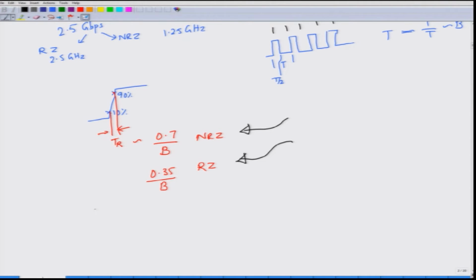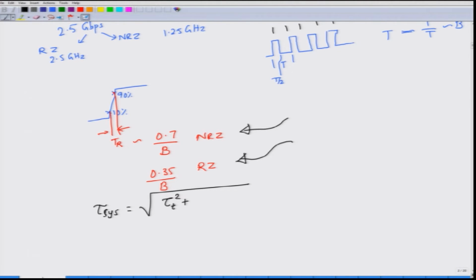Rise time in optical communication systems is given by three factors. There is the total rise time, which we call the system rise time. This is given by tau t squared, which is the transmit rise time. This quantity is not very important in modern optical communication systems. About 10 to 15 years ago, it was important because lasers were directly modulated. Today you use an external modulator, as we discussed.